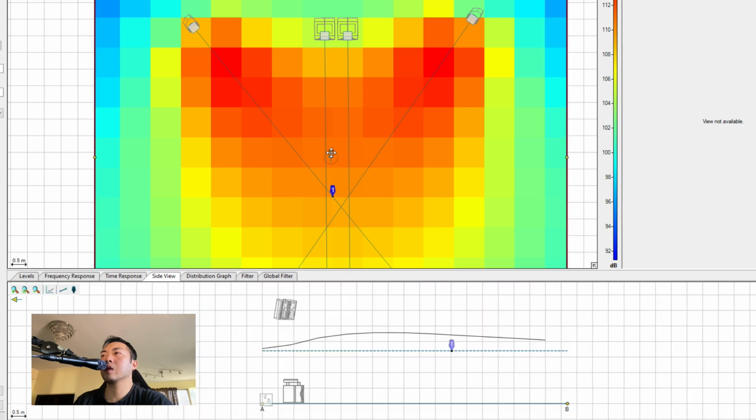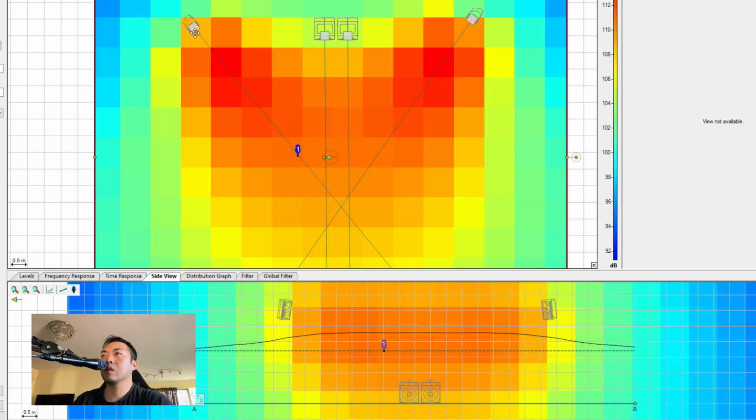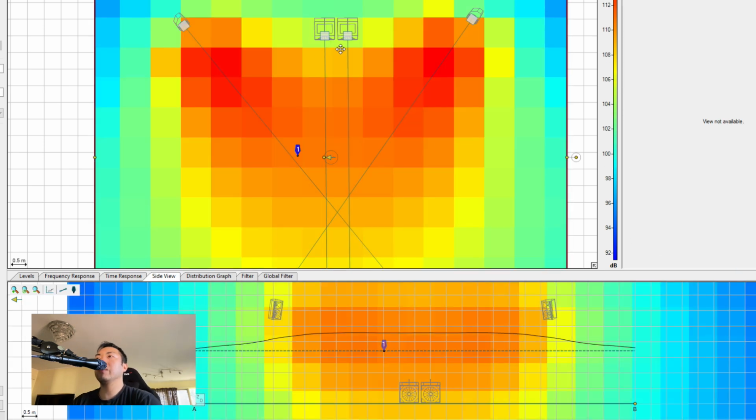Okay, so we'll just look at the side view. So this is what it should look like, having a sub array in the middle and then having two speakers flying higher up, pointing down at the audience or at the dancers or whatever the audience area is.